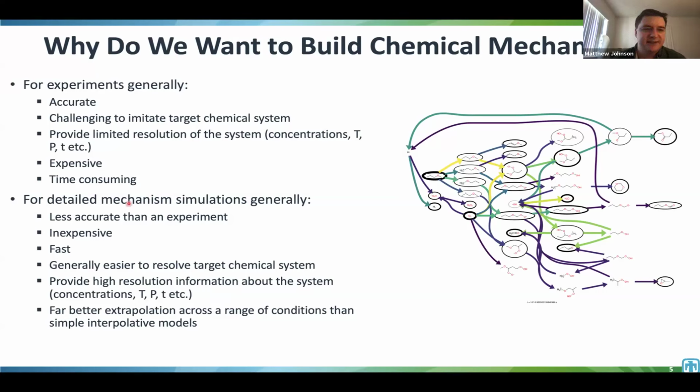In contrast, detailed mechanism simulations are often less accurate, but are much less expensive and much faster. It's generally easier to resolve the exact target system you want, and they often provide high resolution information about the system: the concentrations, temperatures, pressures. And in particular, they're far better at extrapolation across a range of conditions than some simple interpolative model you fit a few experimental points to.